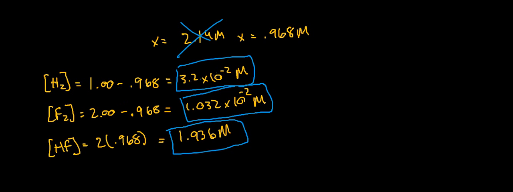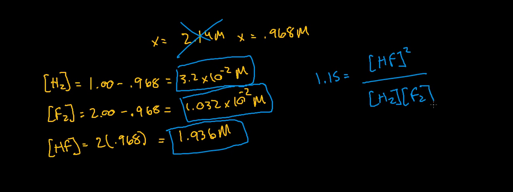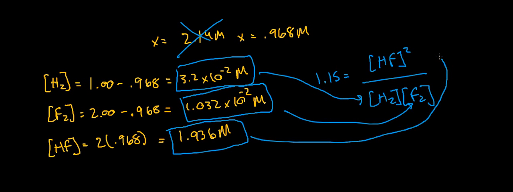And then a good way to check these answers to see if they're correct is just to substitute them back into this equation. Substitute all these numbers in. Well, that one goes here, here, here. And I put these in here and it should be equal to 10 to the second.